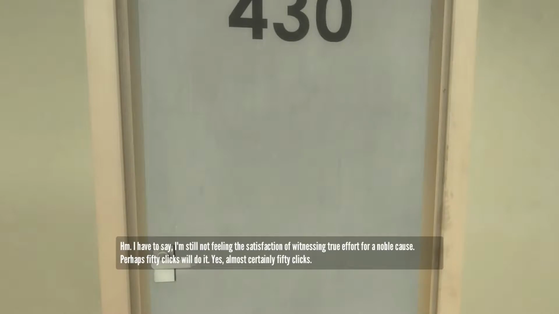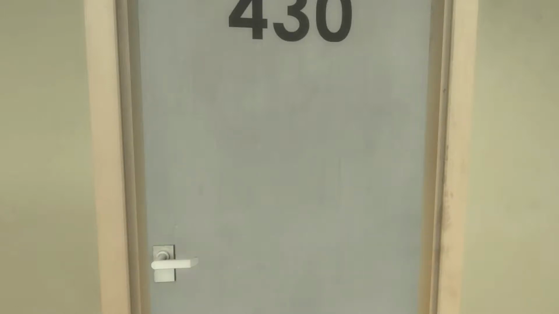Okay. 1, 2, 3, 4, 5, 6, 7, 8, 9, 10, 11, 12, 13, 14, I have to say, 15, I'm still not feeling the satisfaction 16, of witnessing 17, true effort for a noble 18, cause. 19. Perhaps 50 clicks will do it. Yes, almost certainly 50 clicks. Okay, never mind. No more counting, just clicking.